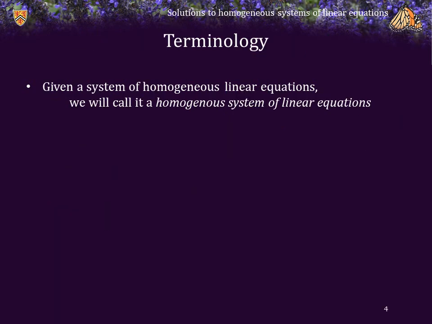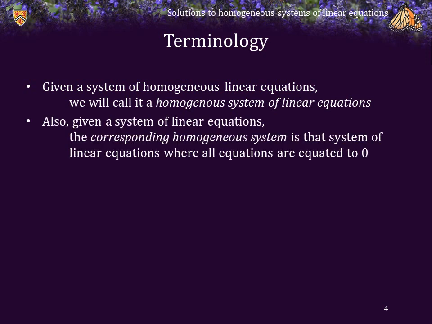Now, given a system of homogeneous linear equations, we will call it a homogeneous system of linear equations. Also, given a system of linear equations, the corresponding homogeneous system is that system of linear equations where all the equations are equated to zero.